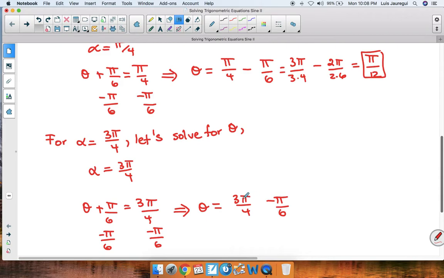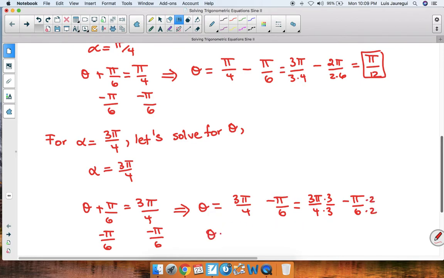Now, looking for the common denominator, we're going to multiply this by 3 over 3 so we can make a denominator of 12, and this one by 2 over 2 so we can make the denominator a 12 as well. So this now becomes 3 pi over 4 times 3 over 3 minus pi over 6 times 2 over 2.